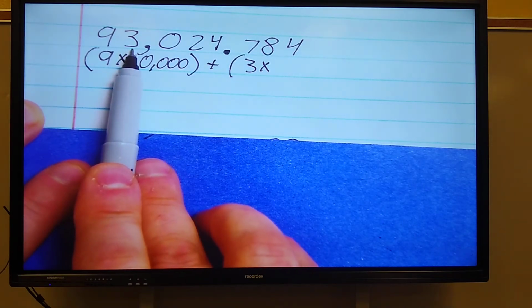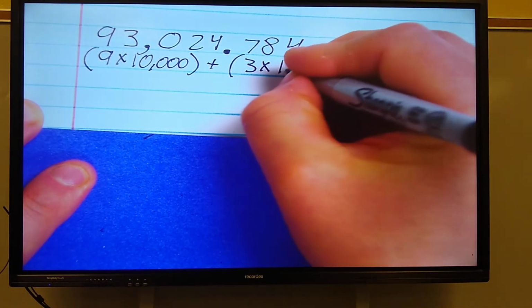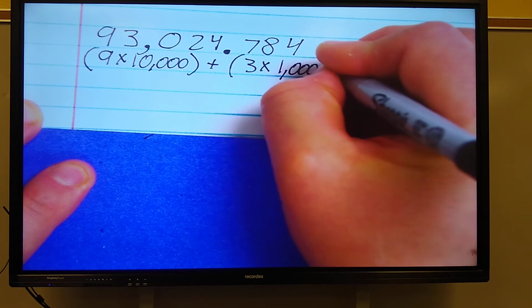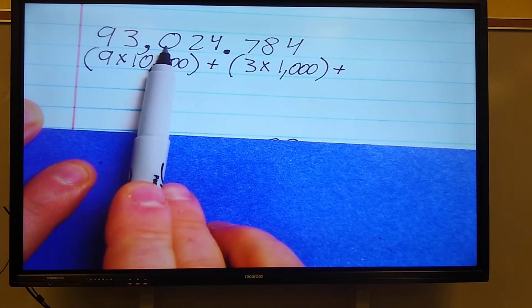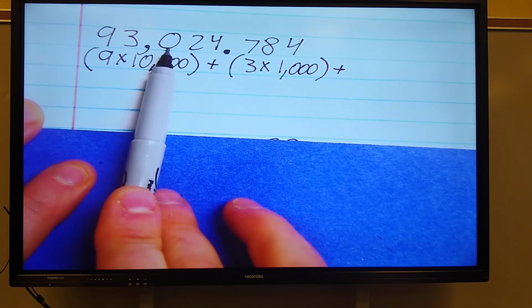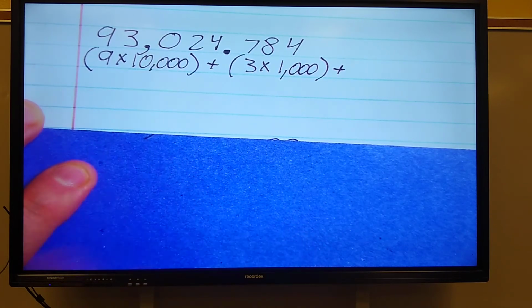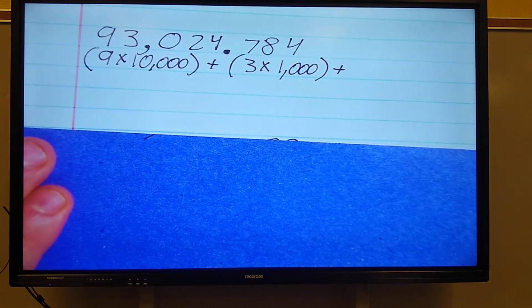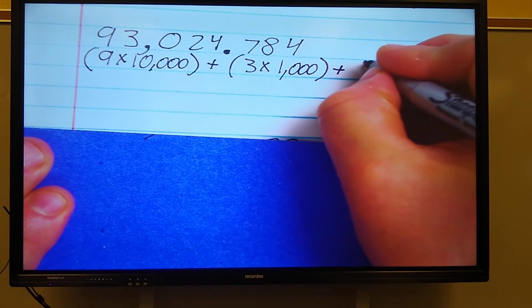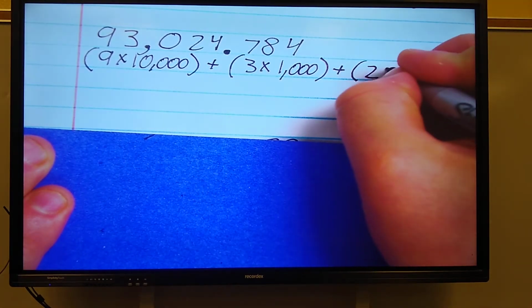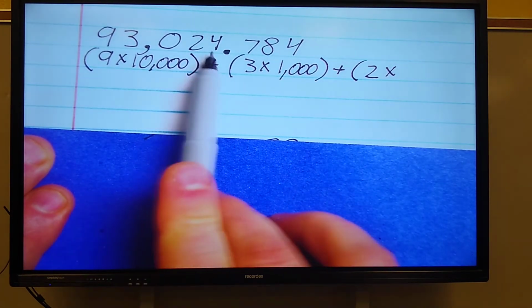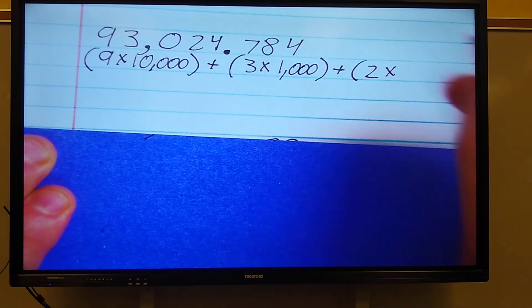It's in the thousands place. 3 times 1,000. Plus, I'm skipping this. Now this is the hundreds place, but I'm skipping it because 0 means nothing. There's nothing there. So, let's go straight to the 2. It is 2 times its place. That's the tens place, so 2 times 10.